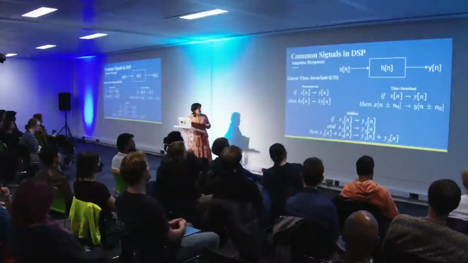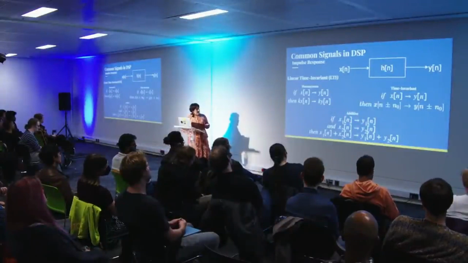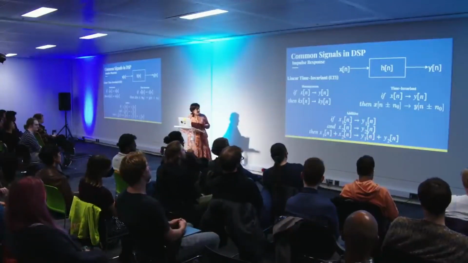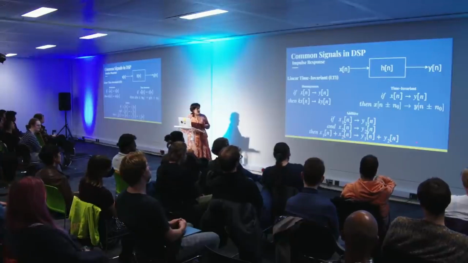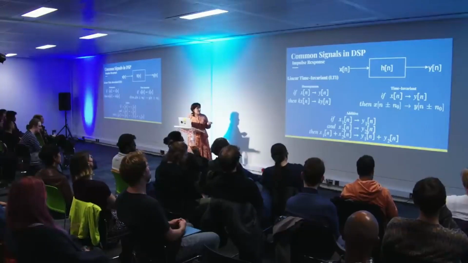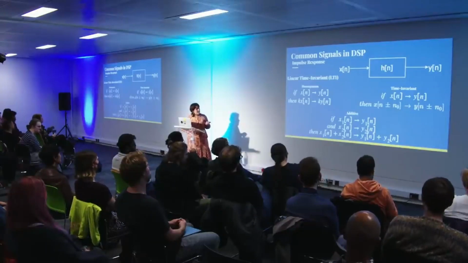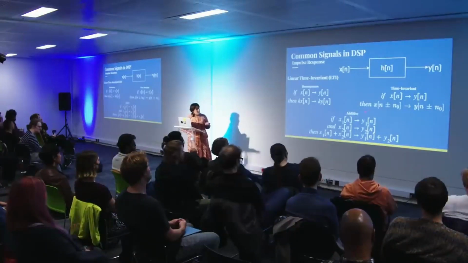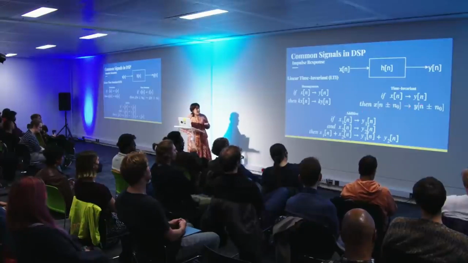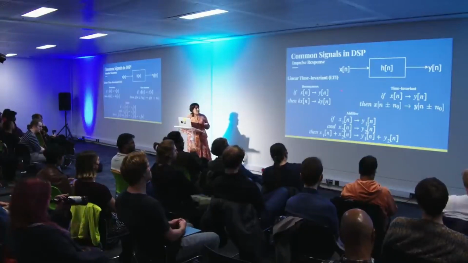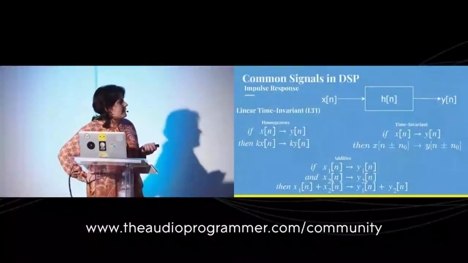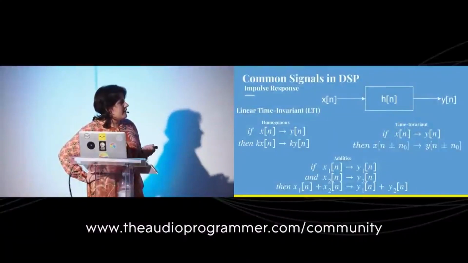And additivity meaning that if we add 2 signals together in the input, then those 2 signals pass through the system without being interfered with. So those are the conditions for a linear system. For a time invariant system, we can add some shift to the input signal and preserve the shift in the output signal. All of these conditions are about preserving something, whether that's a scaling factor, an addition, or a shift.